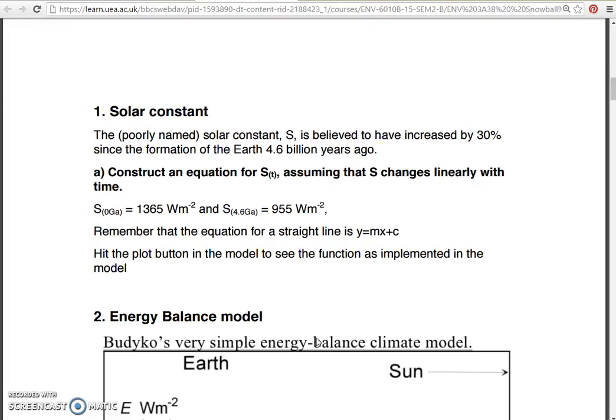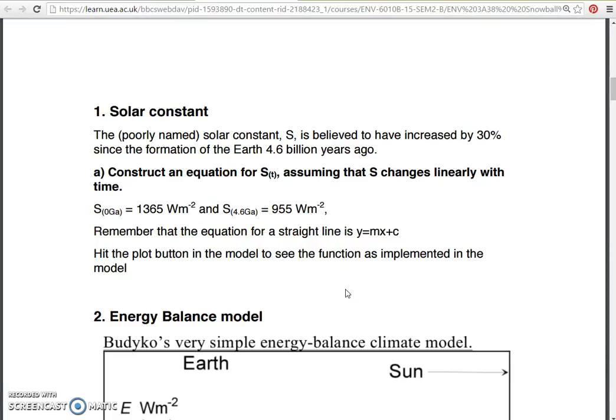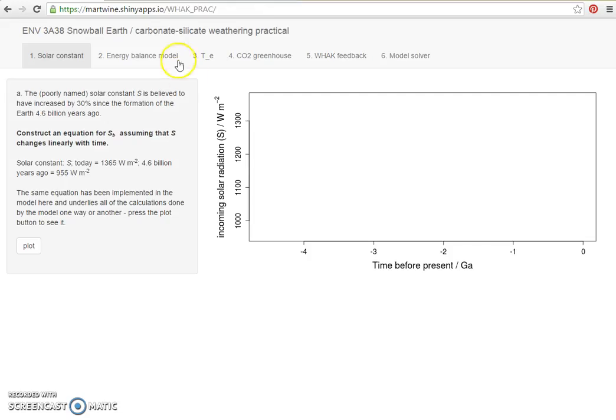So the first thing to do is to calculate the gradient. You can do that by the difference between 955 and 1365, divided by 4.6 billion years to give you the gradient. So that's watts per meter squared per billion years. And there are some challenges around time being negative, so how do we get the equation to start in the right place and finish in the right place?